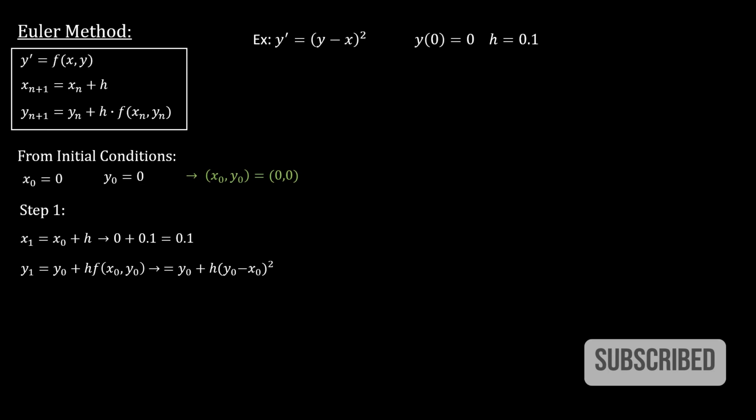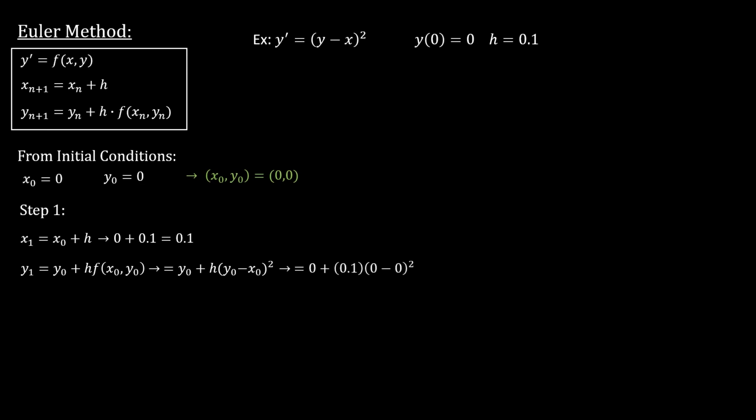You can see we're replacing every y and every x in our function with the corresponding y naught, x naught, and so on, right? So we have to plug in the numbers. So y naught is 0, our step size is 0.1, and then our y naught is again 0, and our x naught is 0. So when you square all of that, it's just 0. So we're gonna find out that our y1 is just equal to 0. So in this case, our step 1, we have x1, y1, which is 0.1, 0.